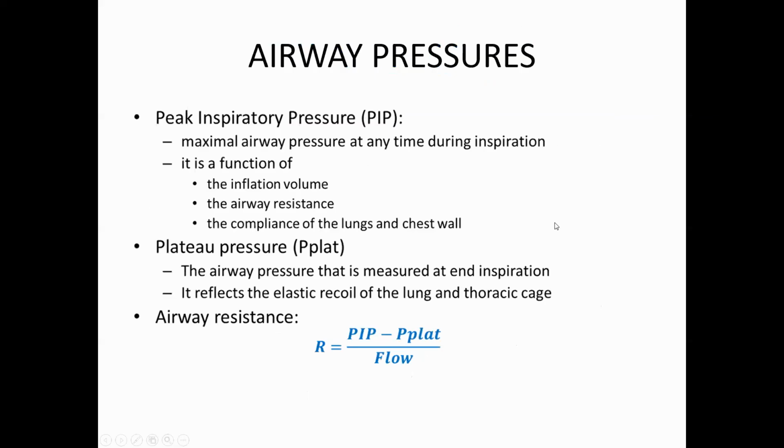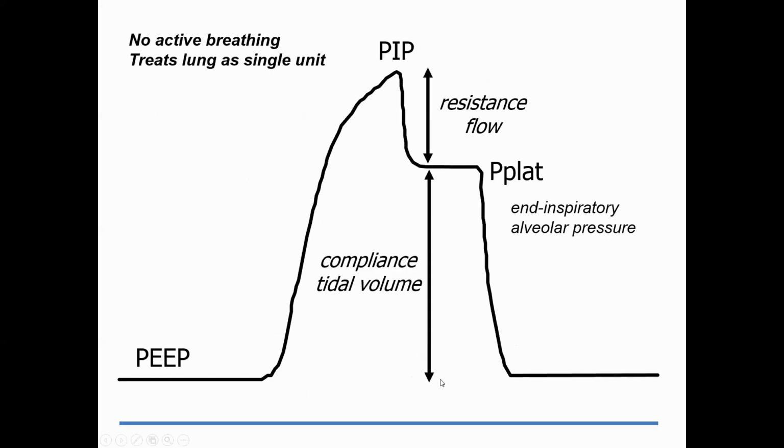Monitoring peak and plateau pressure is very important. Monitoring airway resistance is very important. The reason for this is, remember, when we're giving the breath, if we were to put an inspiratory hold, meaning you give the breath and you don't allow the patient to exhale, you just put a hold on it, you would get what we refer to as a plateau pressure, and that's nothing but the alveolar pressure.